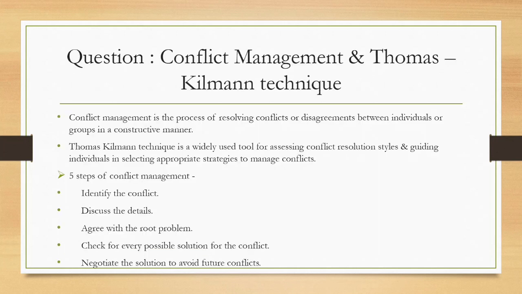Okay. And coming to conflict management. Conflict management is nothing but disagreements between individuals or groups of people. For example, a developer has an issue with another developer, or a team lead has an issue with the developers' team or the testing team.